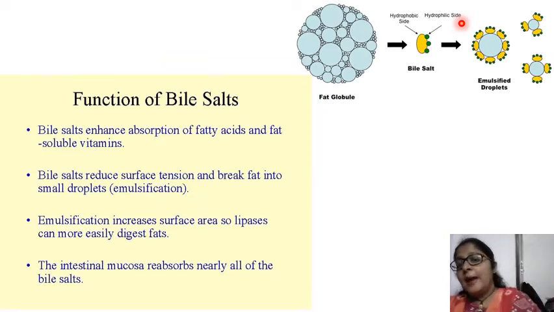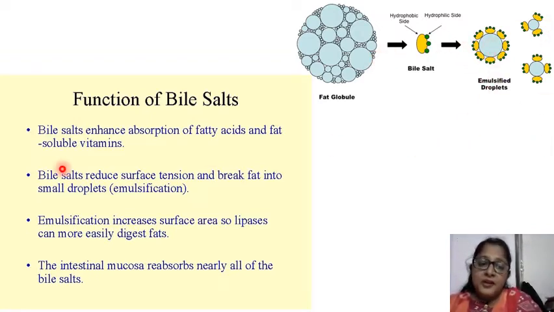So what happens is the hydrophobic sides get attached to the fat globule and make smaller fat globules with bile salts all over them. So this is how it looks. Definitely it enhances the absorption of fatty acids and also fat soluble vitamins.